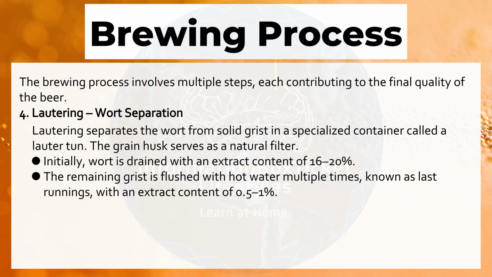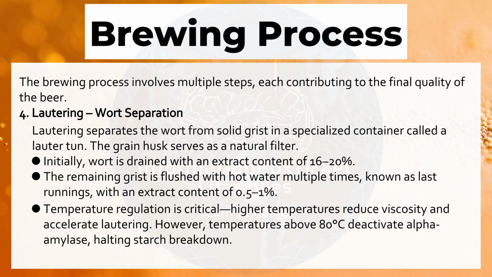The remaining grist is flushed with hot water multiple times, known as last runnings, with an extract content of 0.5 to 1%. Temperature regulation is critical. Higher temperatures reduce viscosity and accelerate lautering. However, temperatures above 80 degrees Celsius deactivate alpha amylase, halting starch breakdown.